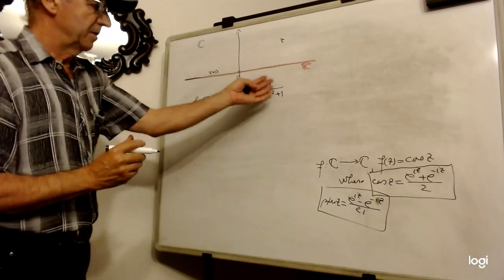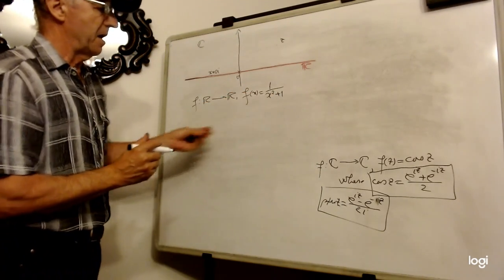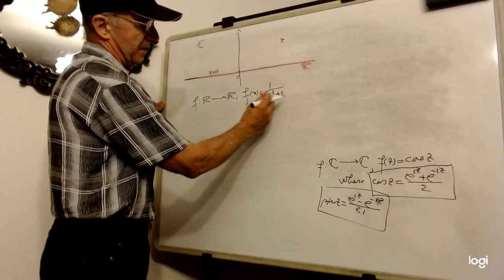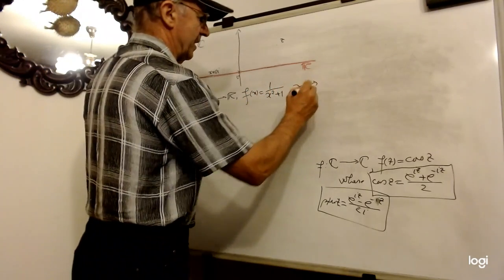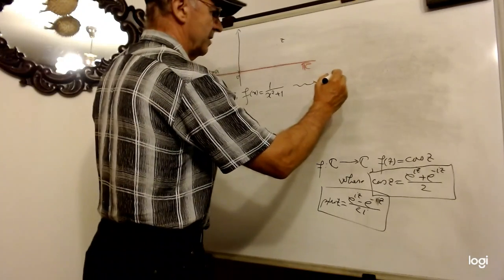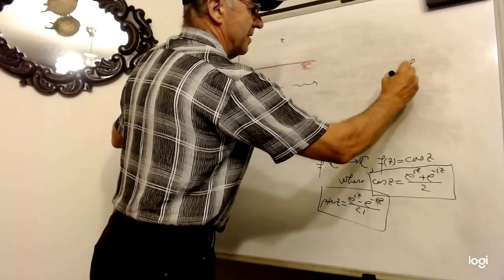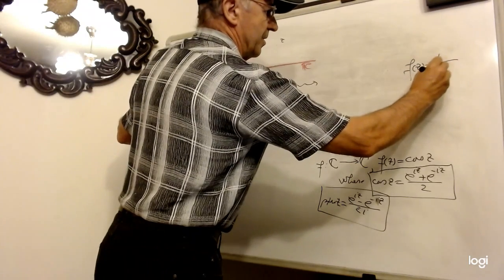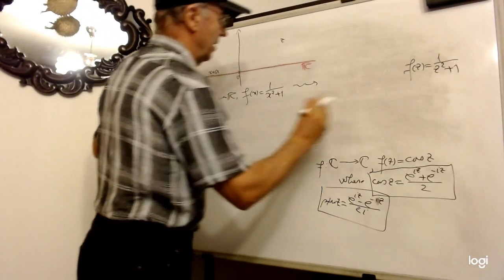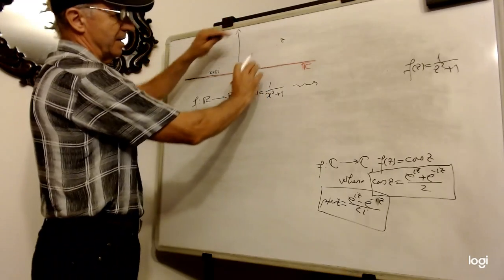This is defined for any real x, since this expression is different from 0. We can extend this to f of z equals 1 over z squared plus 1 outside the real axis.